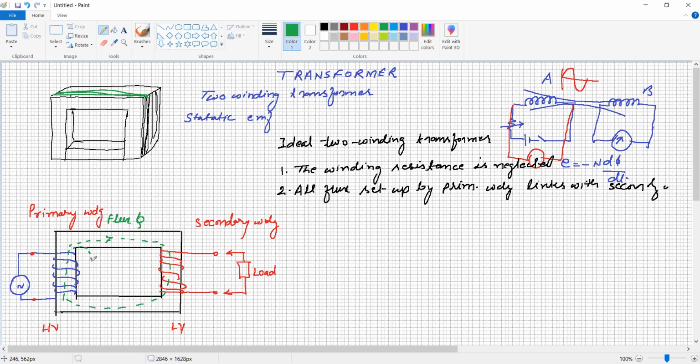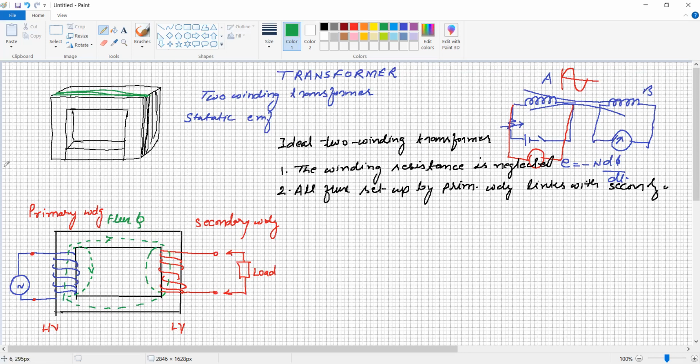No doubt in practical cases the flux gets a short circuited path on the primary as well as the secondary, so there is some leakage flux. But for our first assumptions, for our understanding purpose, we assume that there is no winding resistance. Basically, it is not true. The winding has some resistance. Second, all the flux set up by the primary winding links with the secondary winding.